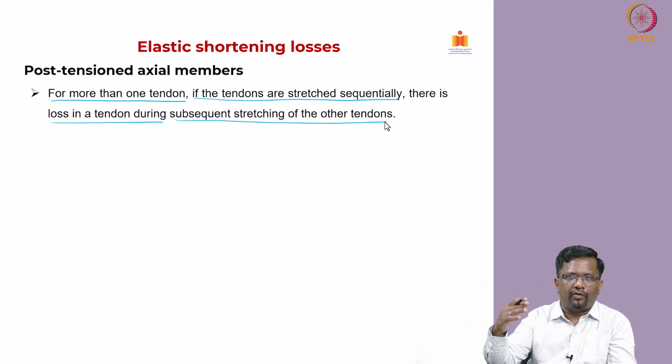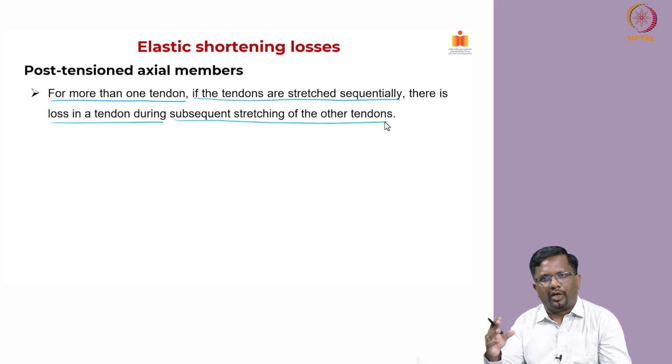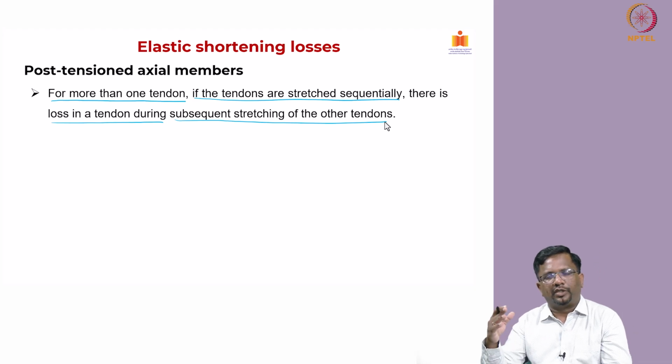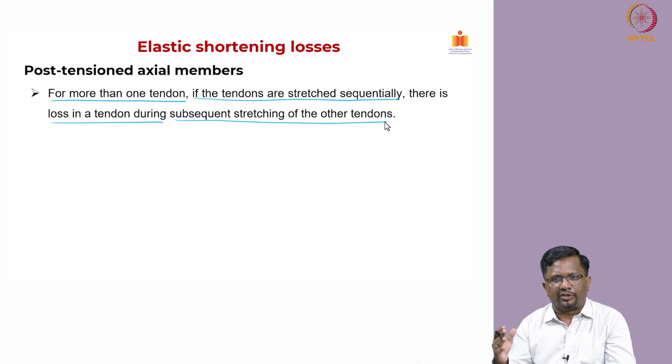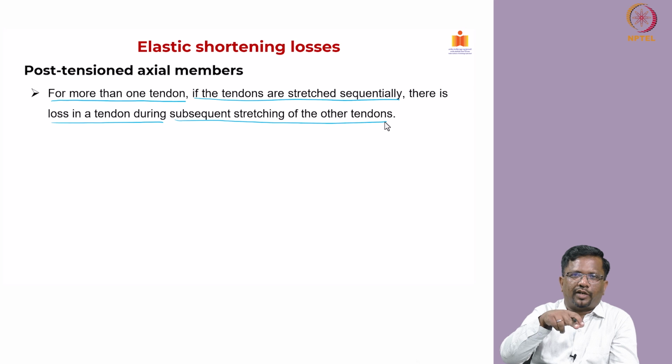However, when stretching happens in a sequential manner, let us say first one I do, then I put the anchors, then when I stretch the second one, the first one is already anchored, that will undergo some elastic shortening.